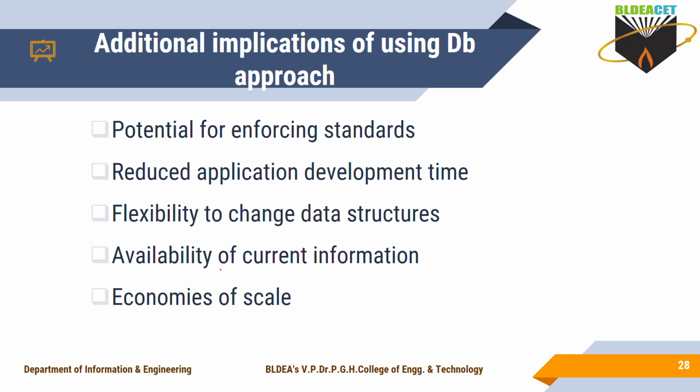Next one is availability of current information. Up-to-date information is available in the database approach. For this, I'll take the simple example of online shopping and airline reservation. In online shopping, sometimes you like a product, you browse the product, and at that time it is available.